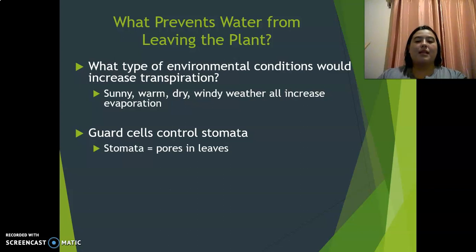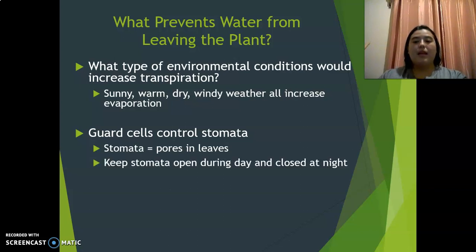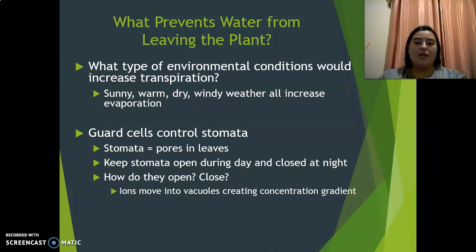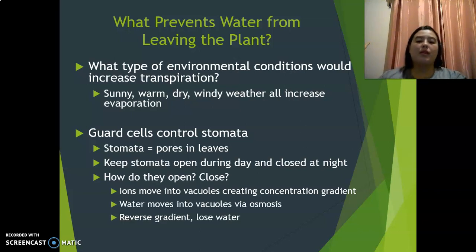Stomata means the openings in leaves, and the plant keeps stomata open during the day and closed at night. And how do they open and close? So ions move into vacuoles, creating concentration gradients. Water moves into the vacuole via osmosis, and a reverse gradient loses water. Okay, so this is the process of how the guard cells control stomata.